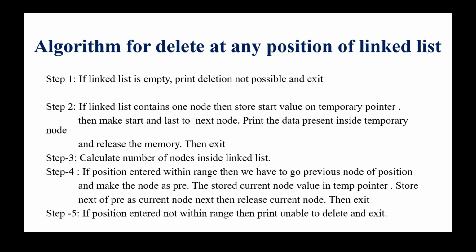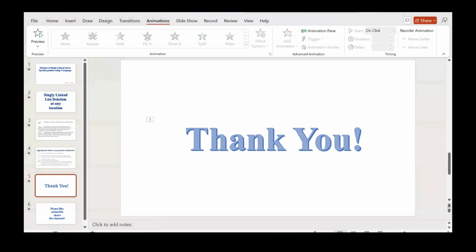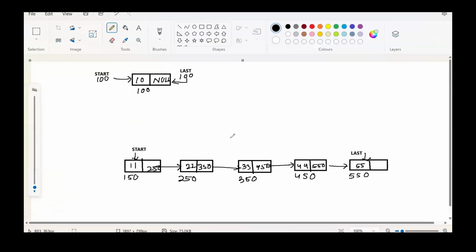The last step: if the position entered is not within range, for example, our linked list has a length of 5, meaning 5 elements are present, and we enter position 8, then position 8 is not available within our range, so we print that we are unable to delete and exit. So these are the possible cases for the deletion.